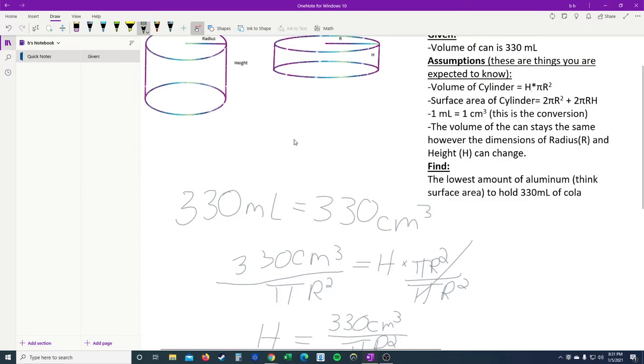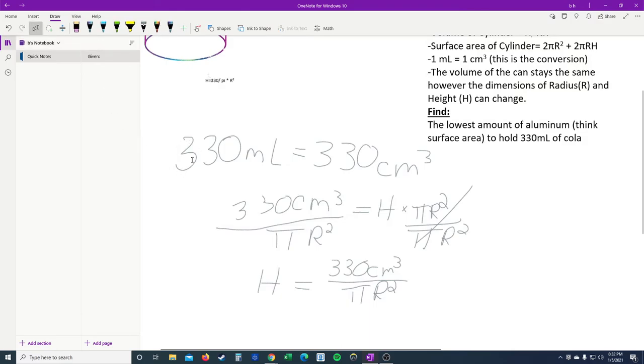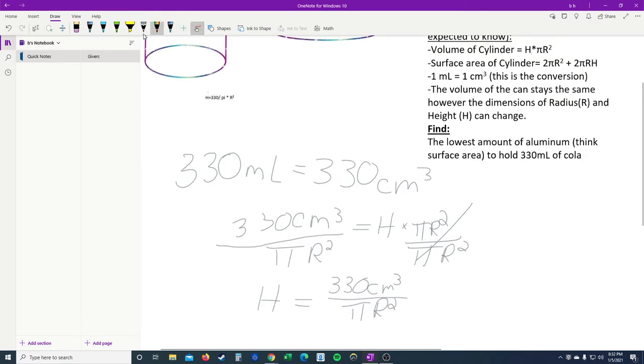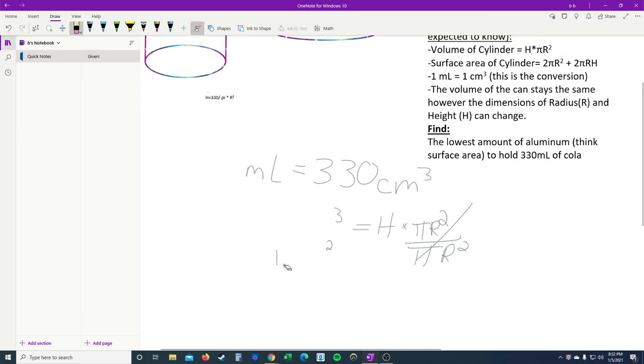Let's write that down somewhere and keep it neat: h equals 330 divided by pi times r squared. I'll erase this so we have some space to do some other things.